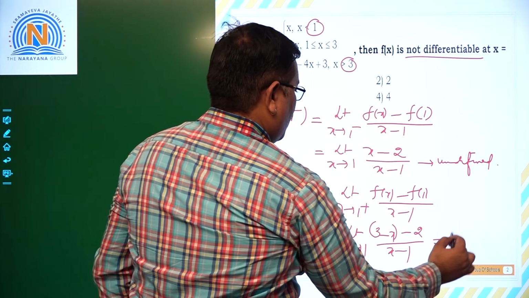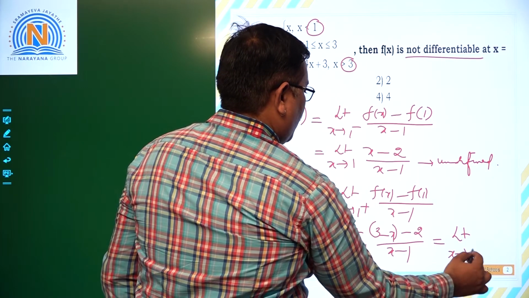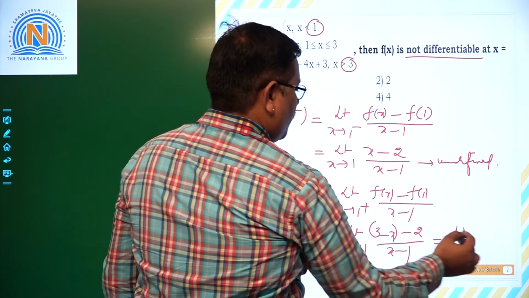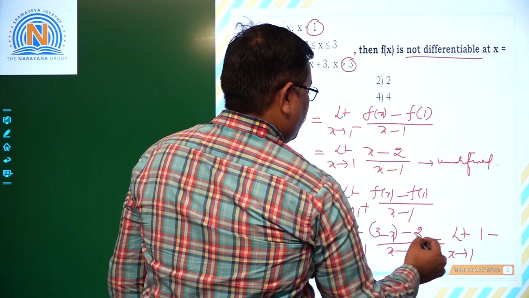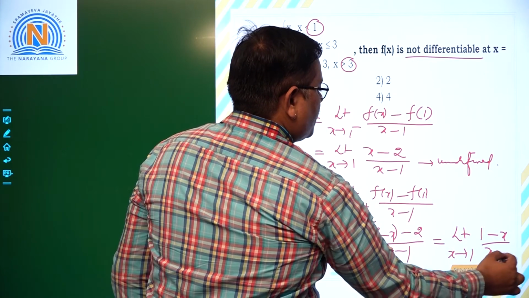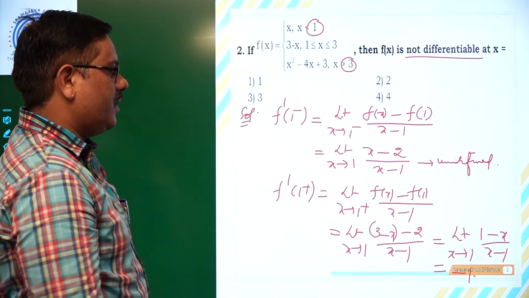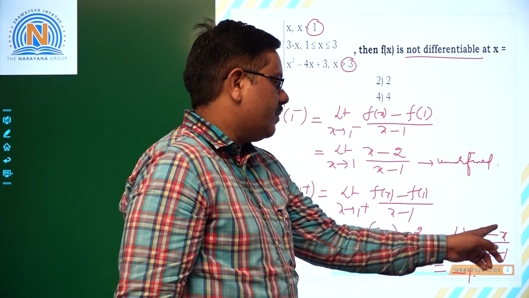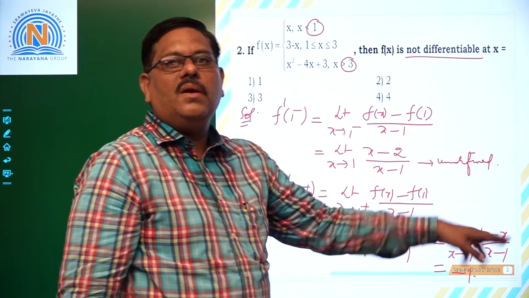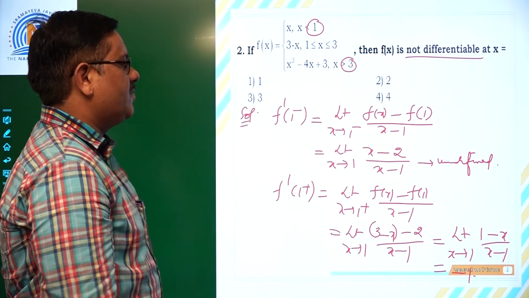So we have limit x tends to 1 of 3 minus 2, that is 1 minus x, by x minus 1. That is going to be minus 1, because 1 minus x, if I write it as minus of x minus 1, by x minus 1, both will cancel and we are left with minus 1.